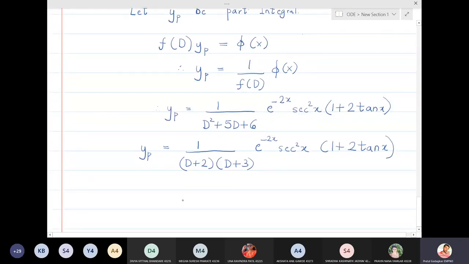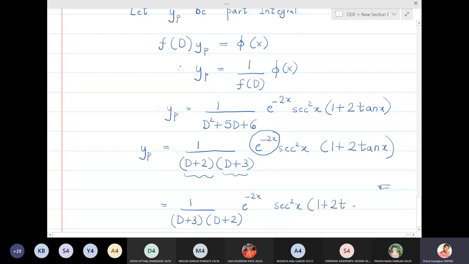Now I will note one important thing: I will write this d plus 2 factor after d plus 3, because you see here you have e raised to minus 2x. So I will shuffle the factors as d plus 3 into d plus 2, into e raised to minus 2x sec square x into 1 plus 2 tan x.